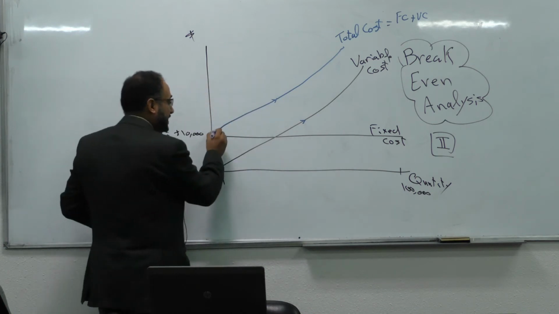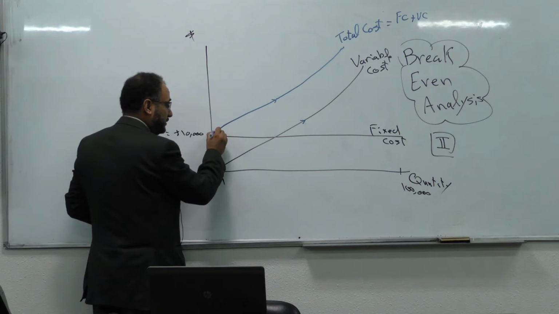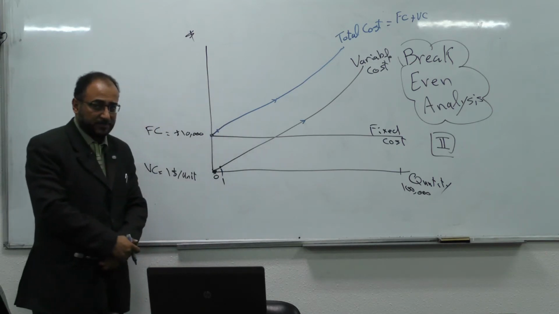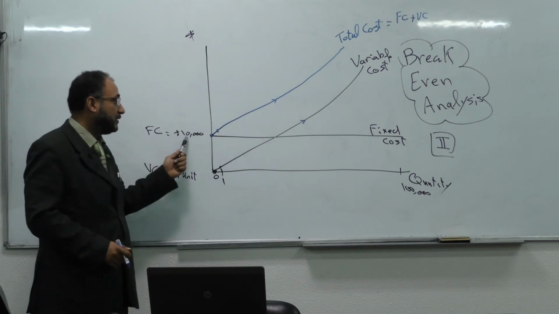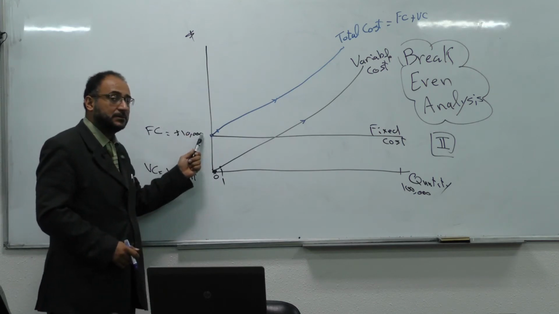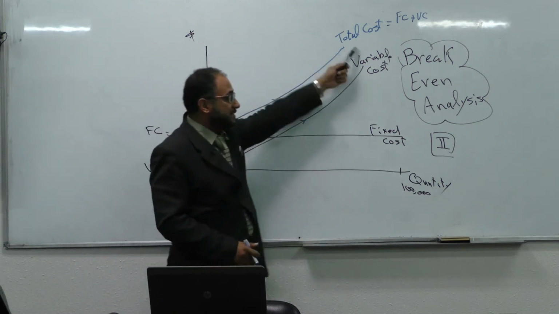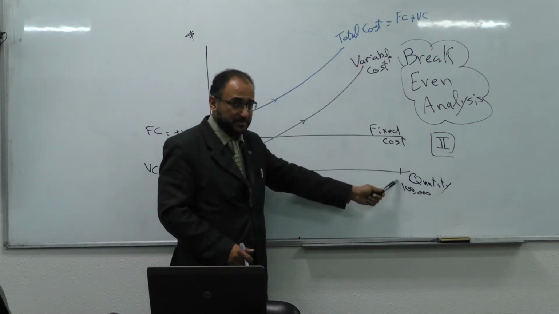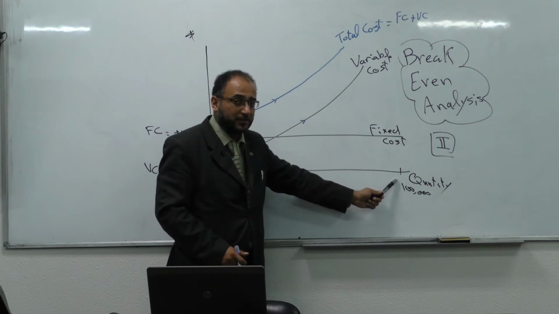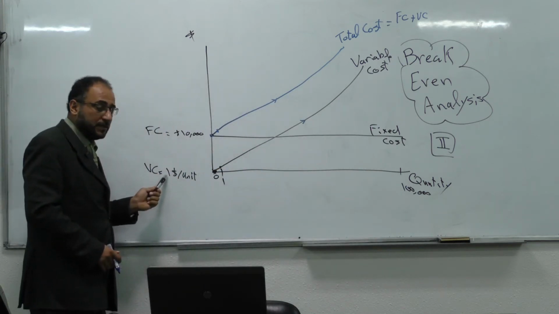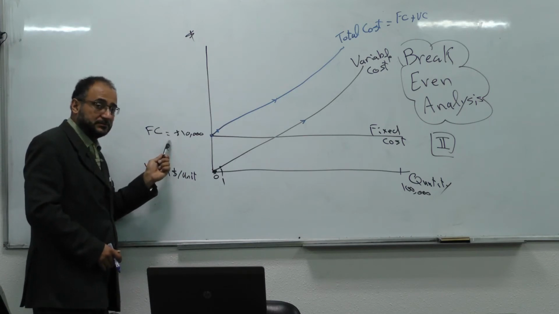For example, in this area, when we produce 1 unit, how much is the cost? It is $10,001. But what is the cost in this area? We talk about 100,000 units. We talk about 100,000 variable cost plus 10,000 fixed cost.